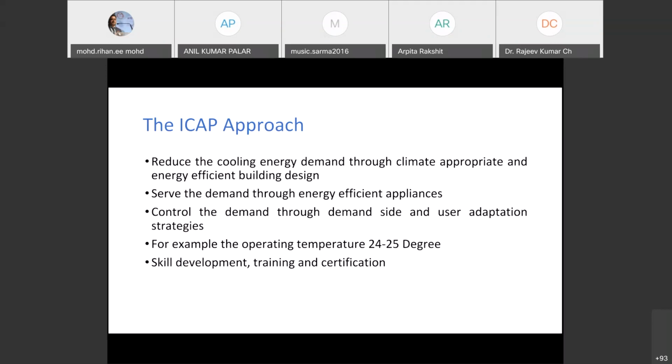Below 24, 23, the energy consumption with each degree reduction in temperature setting increases multifold. And I'm sure we all realize that 24, 25, 23, 22 are quite comfortable temperatures, and normally we need not go beyond that.